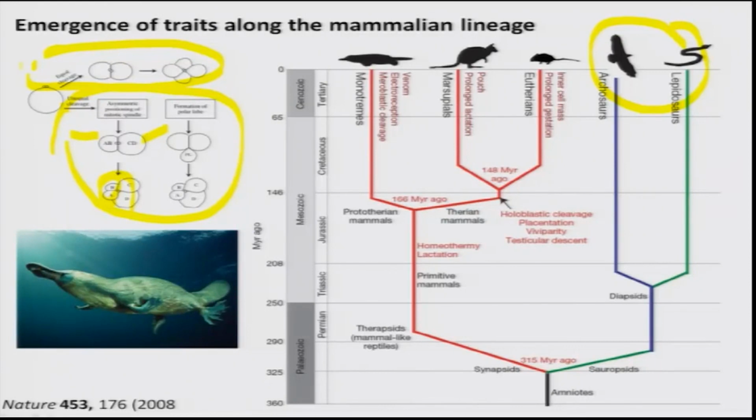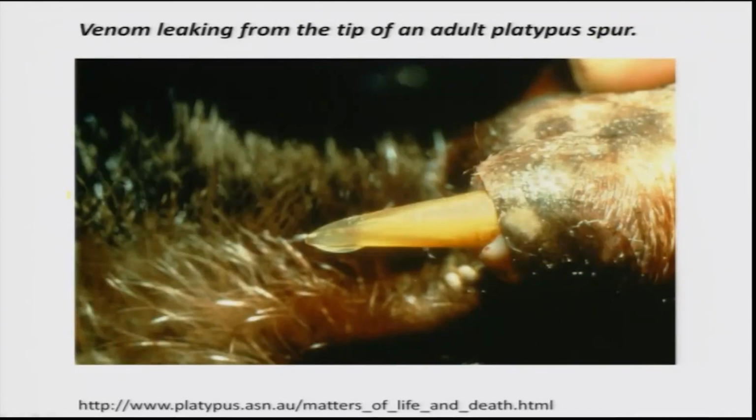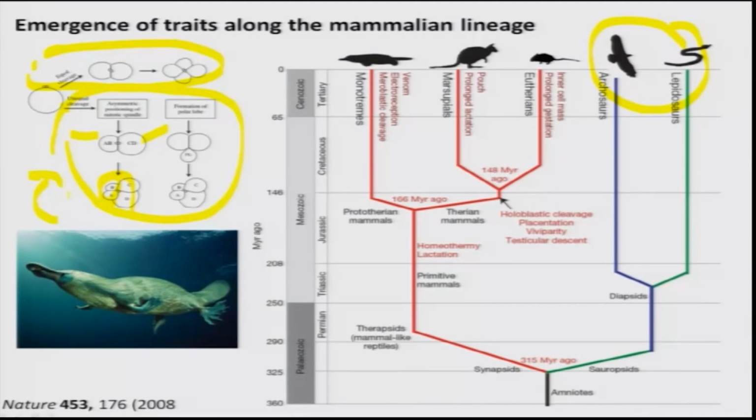What is unique is that platypus follow the other model, that is, they have a cell division in which one cell is larger than the other. Therefore, by looking at the embryonic development, people always classified this as closer to the reptiles as compared to the mammals, right? So when they did the genome sequencing, it was understood that the platypus is more closer to the mammals than to the reptiles, right?